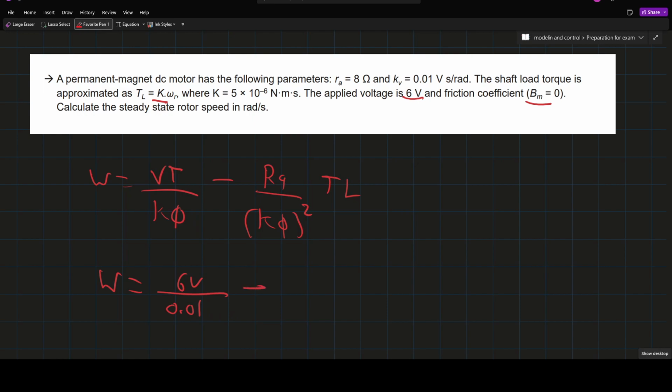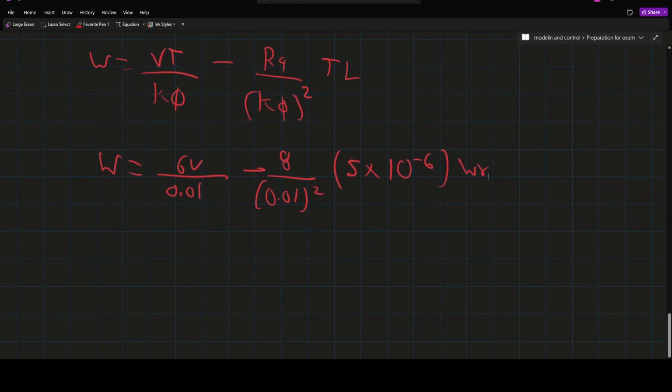Minus RA, they're saying that is 8 ohms, and here is the same, 0.01 squared. And now we need to find our TL, but they're saying that our constant is 5 times 10 to the minus 6 times omega r. Okay, so from this we can calculate our omega.